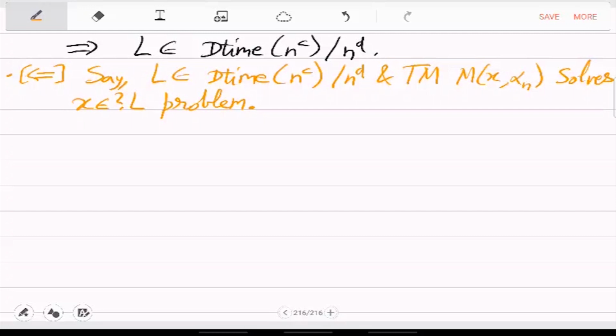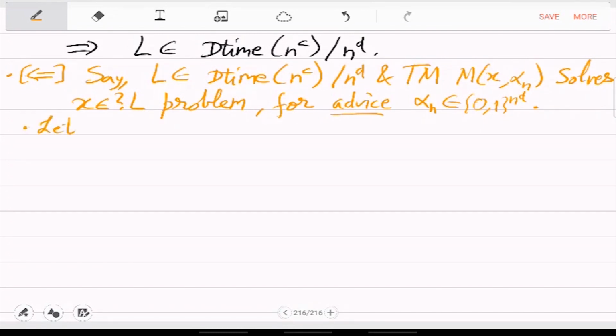There is this big O of n^c time Turing machine which will solve whether x is a yes string or no string, for advice alpha n, which is of length n^d. That is what is given to you.